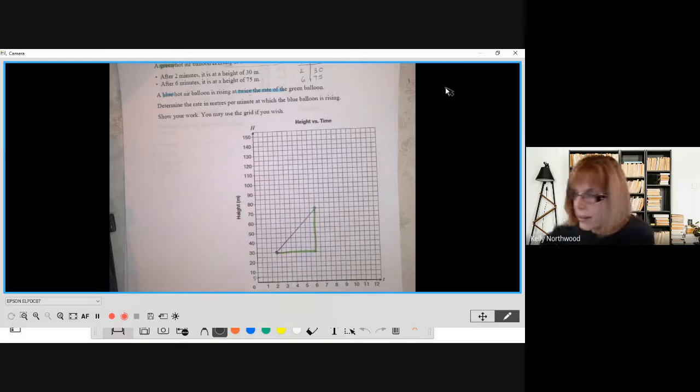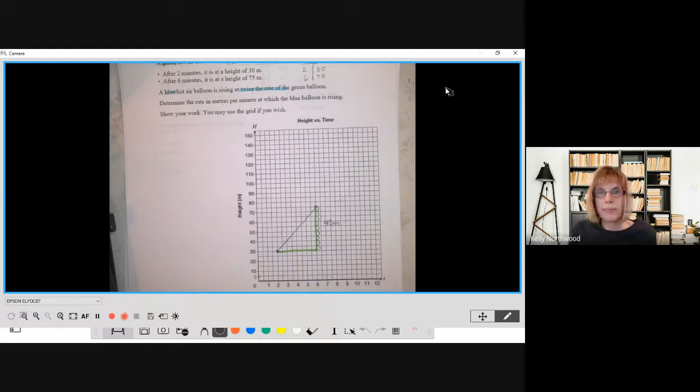So we need to know the scale. For our rise, the scale is going up by 5s. So I can go 5, 10, 15, 20, 25, 30, 35, 40, 45. So the rise here is 45 meters.